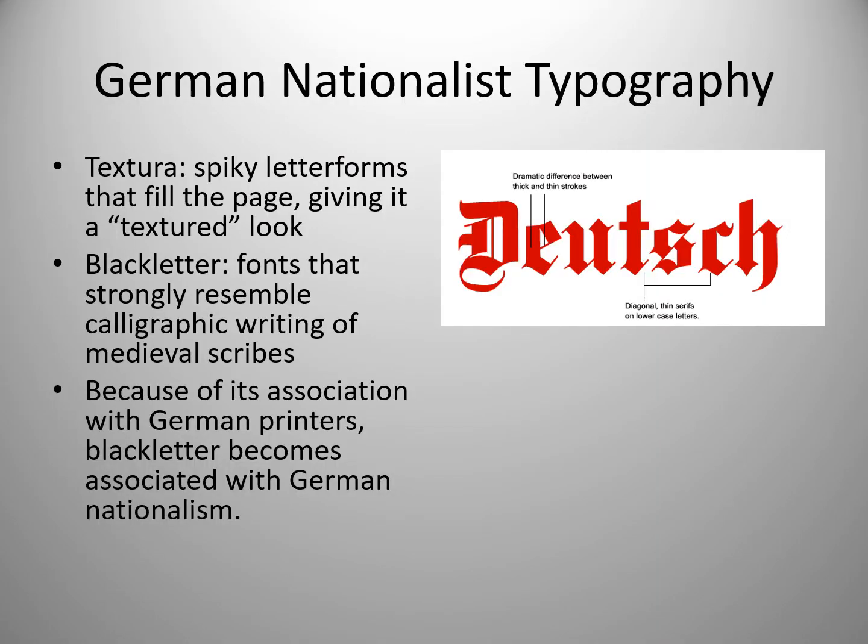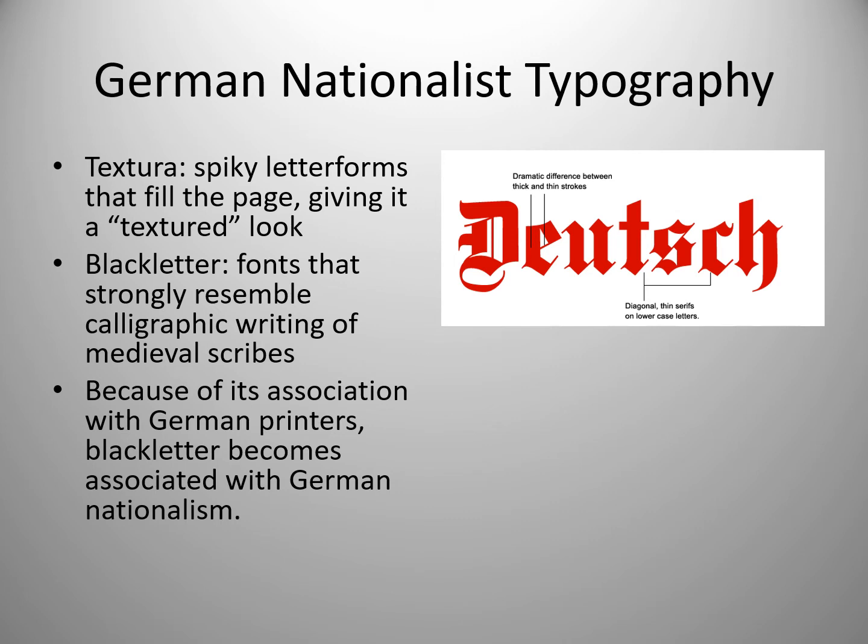So moving forward, when people see this type of text, it makes them think of Germany, largely because of its association with German printers. On the right, you can see an example of black letter, and it shows you how you can recognize it. It has these really big differences between the thick and the thin strokes.